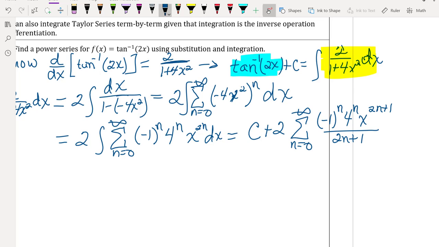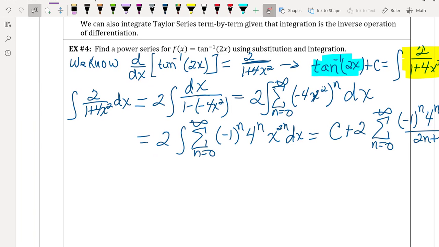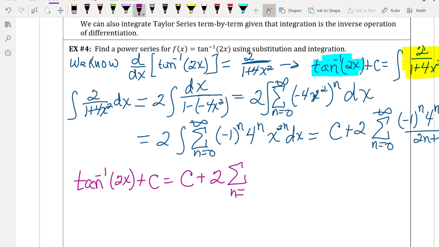So that means that our function, inverse tangent of 2x plus c, is going to equal c plus 2 times the summation of -1 to the n, 4 to the n, x to the 2n plus 1 over 2n plus 1.